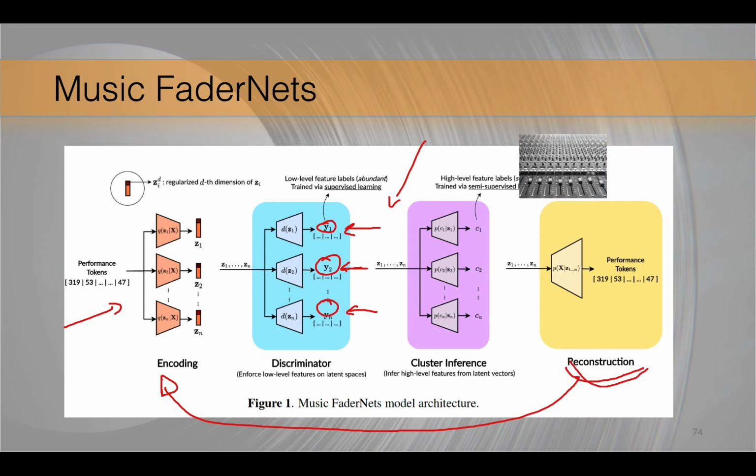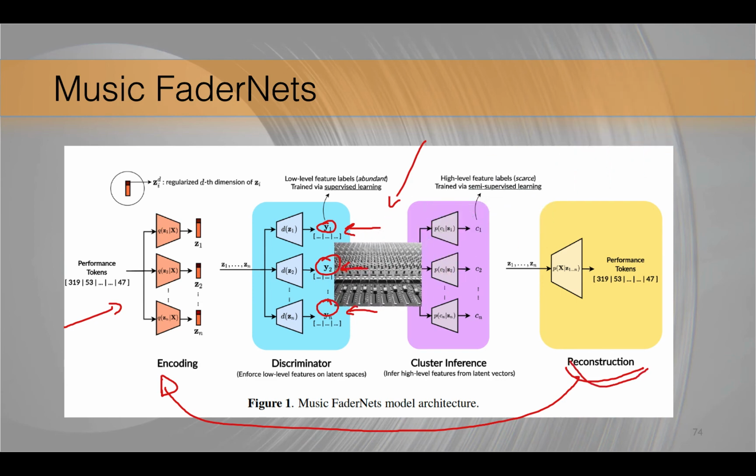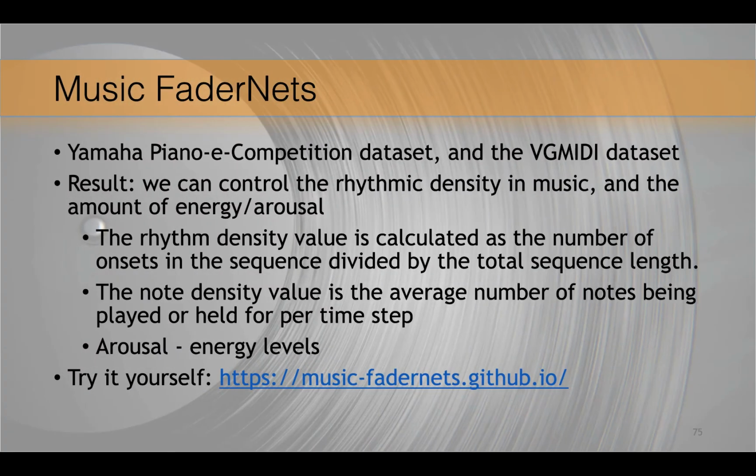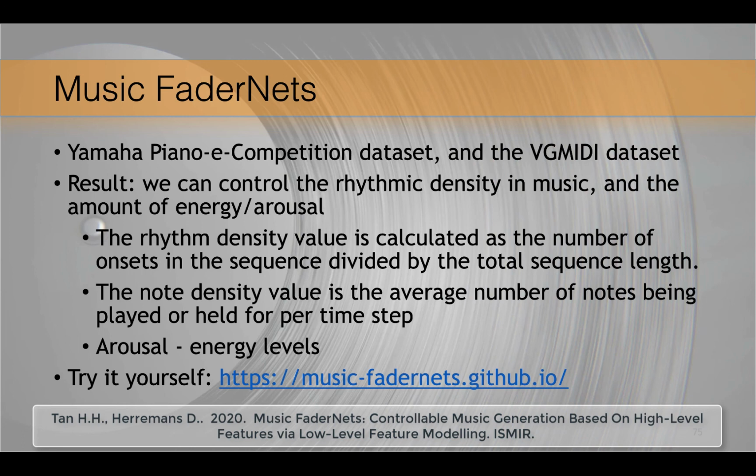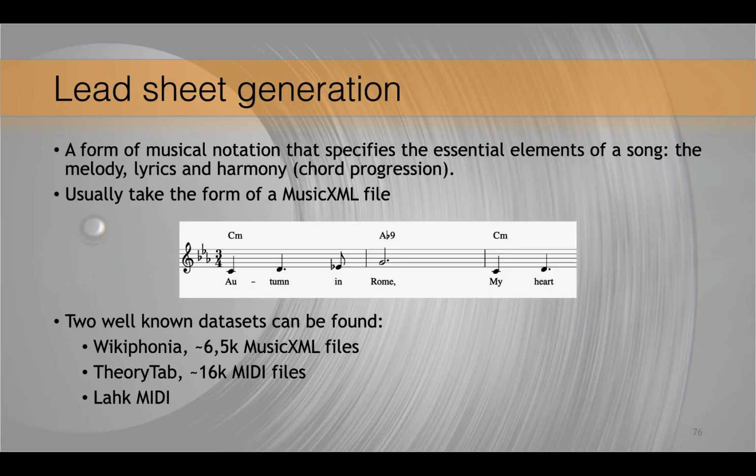So what we can do with these is really control how our output music sounds in terms of arousal, rhythm, etc. You can listen to some examples on our GitHub. Everything is available there. But I don't think we have too much time to go into details.